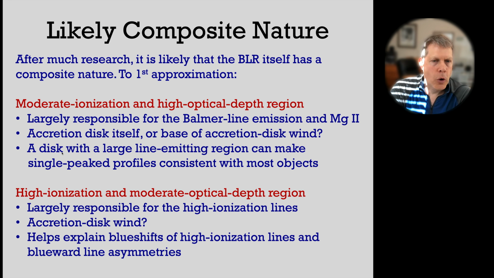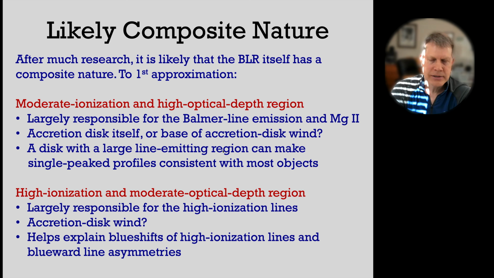And notably, if you had much of this line emission coming from an accretion disk, well, that could naturally explain the double-peaked line emitters that I showed you earlier on. And furthermore, a disk with a large line emitting region can not only make the double-peaked lines that are sometimes seen, but it can also make single-peaked profiles consistent with most active galaxies.